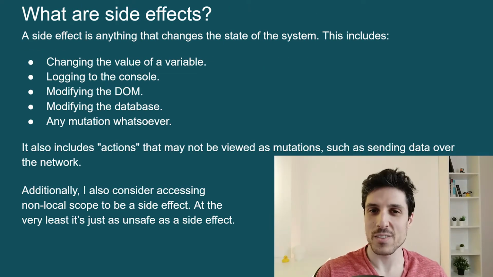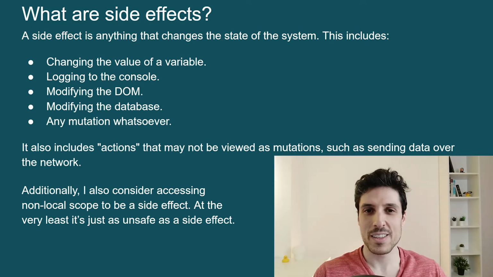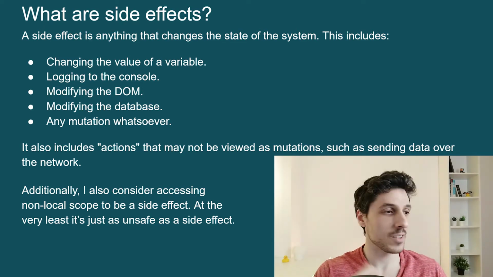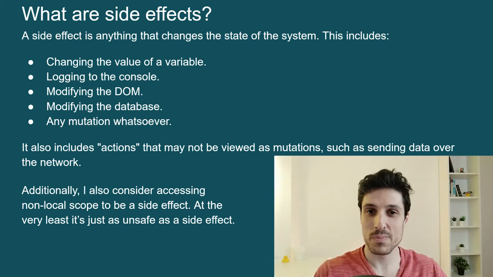So what are side effects? And there are a few ways to describe them. But primarily the definition that we have in programming is that a side effect is anything whatsoever that changes the state of the system. So this basically means any mutation at all that occurs in the system. Things like changing the value of a variable, logging to the console, modifying the DOM, modifying the database, or anything else you can think of.